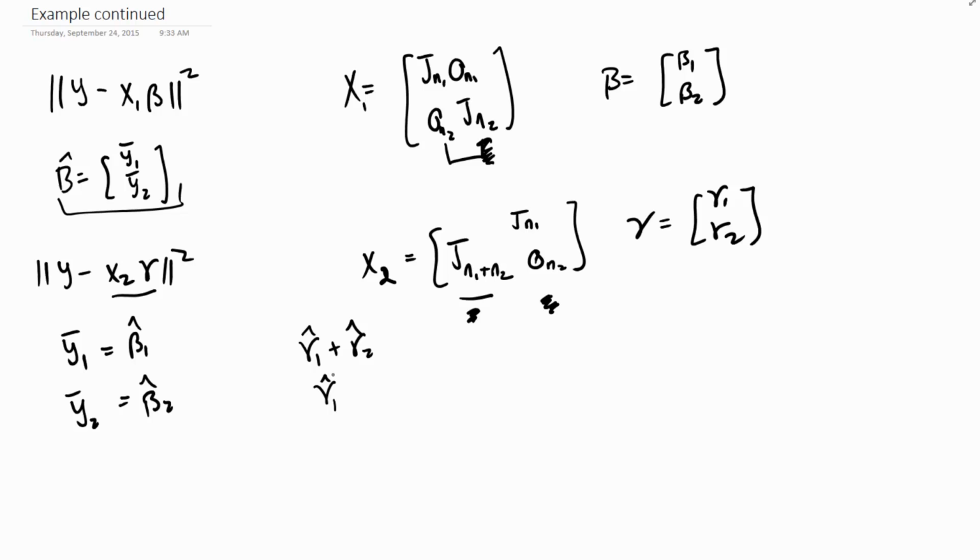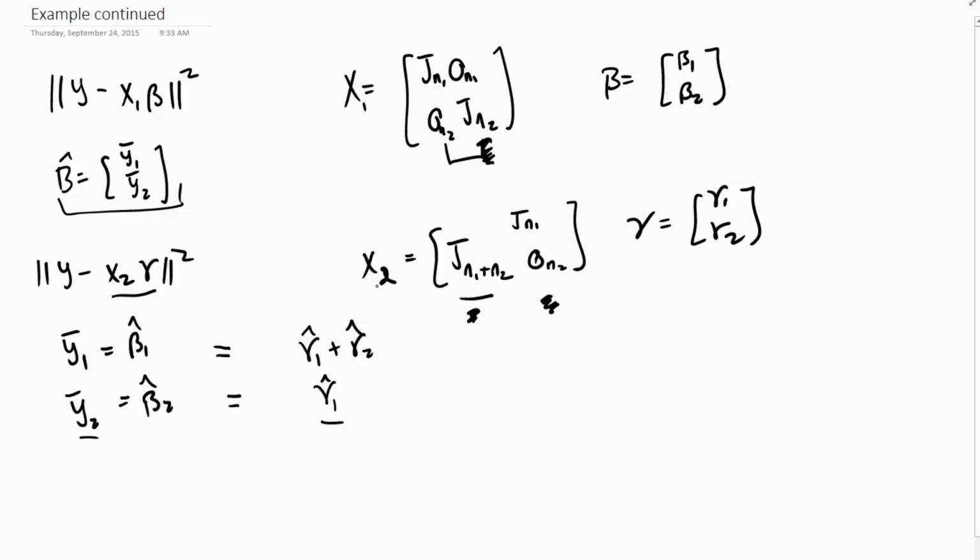So we know that the fitted values have to satisfy these equations, and they have to agree because the column space of the two is the same. So beta 1 hat, which is y1 bar, has to equal gamma 1 hat plus gamma 2 hat, and beta 2 hat, which is equal to y2 bar, has to equal gamma 1 hat.